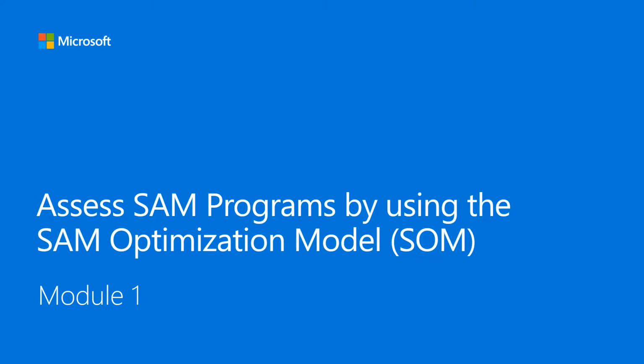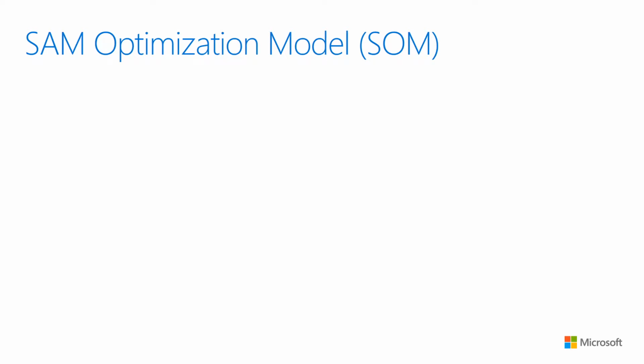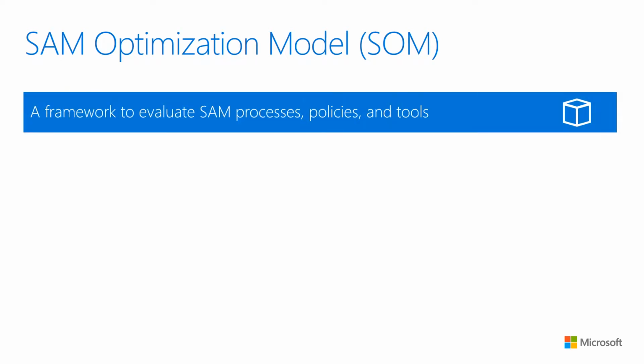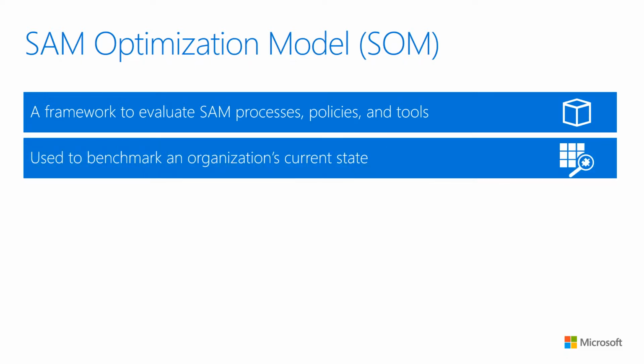As we've said, this module is all about using the SAM optimization model, or SOM, and therefore I think a good place to start would be to understand what SOM is. SOM is a framework which enables you to evaluate an organisation's SAM processes, policies and tools in a structured way using standard language and terminology so that you can benchmark an organisation's current state of SAM.